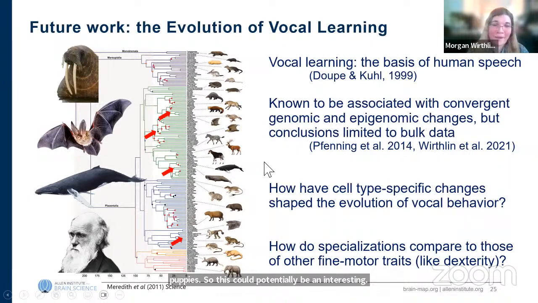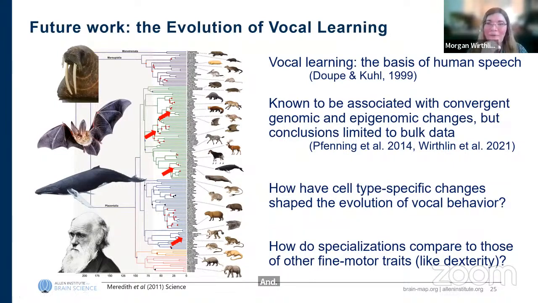And, you know, a lot of my work has focused on the evolution of vocal learning, which we now have the opportunity to study in great depth here. And basically, I think we're in a really exciting time where we finally have the genomic resources, like never before, from many species, many cell types, many brain regions, where we can start to understand this broader evolutionary context for the features we're seeing.